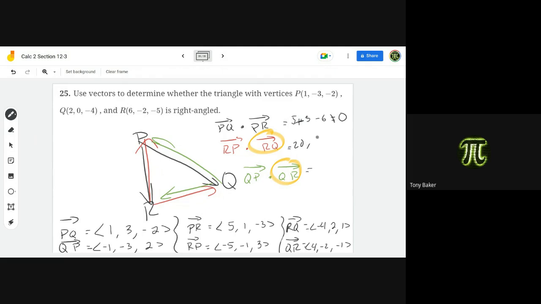So I got 20, negative 2, negative 6, which also does not equal 0. Negative 4 plus 6 minus 2, which does equal 0. So yes, it's right angled.